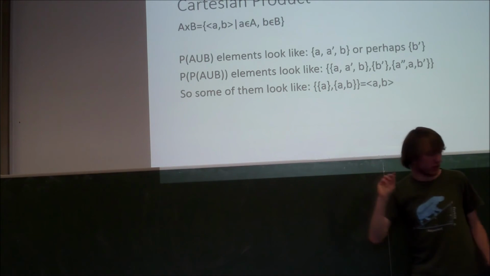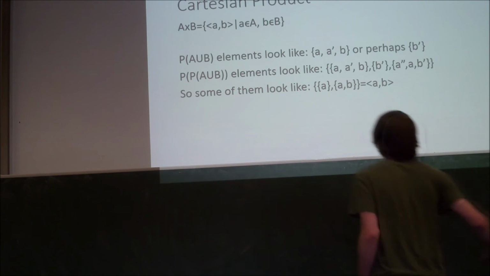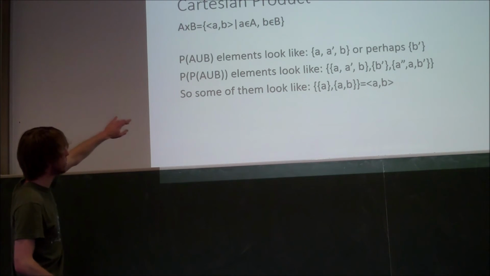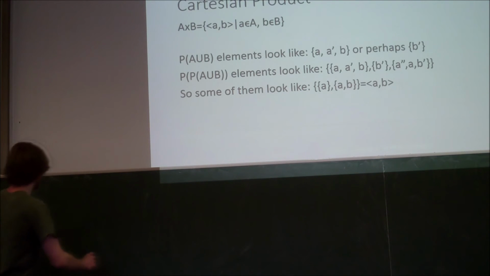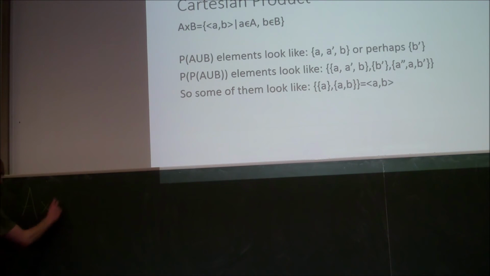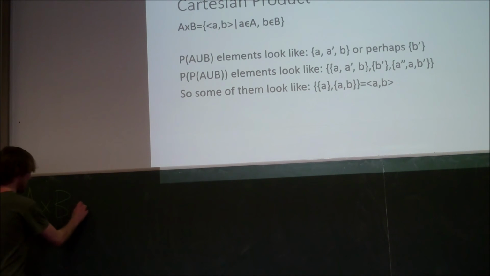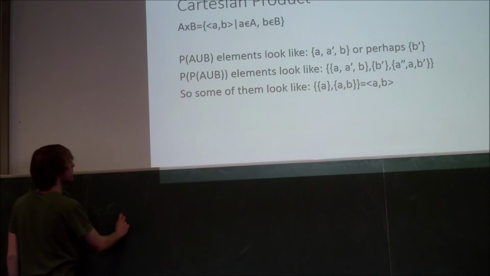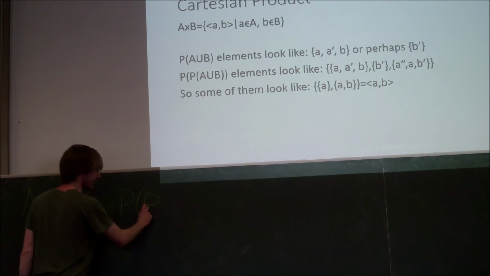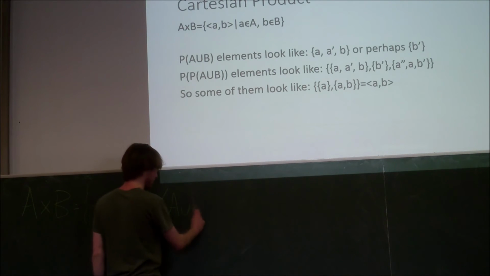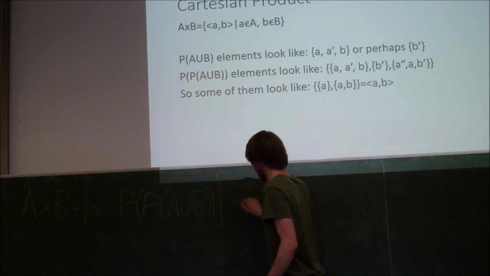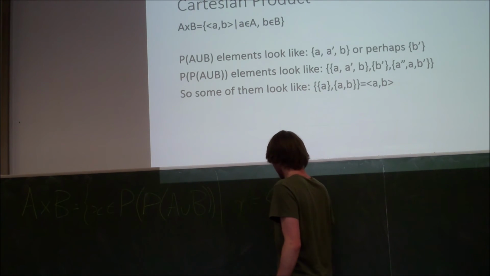So that gives us a useful thing, because if we know that the thing we want to call A cross B is a subset of this object, then we can define A cross B, because of course I think the top is just that kind of intuitive definition, to be the set of X in the power set of the power set of A union B, such that X is equal to an ordered pair.